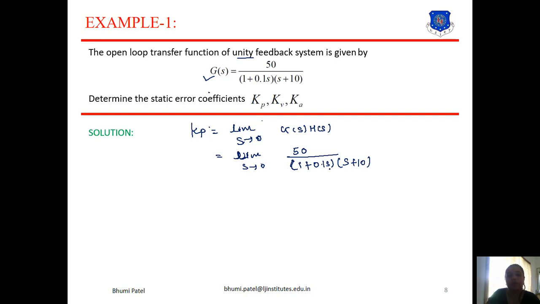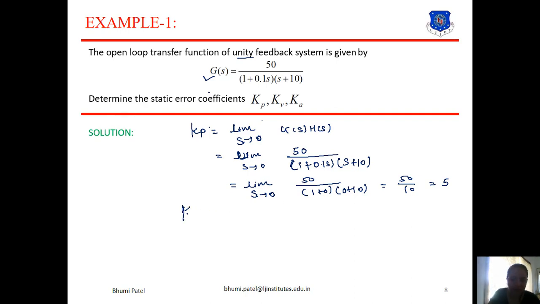Put the value of s is equal to 0. We get 50 upon (1 plus 0) into (0 plus 10), which is equal to 50 by 10 is equal to 5. The value of Kp is equal to 5.